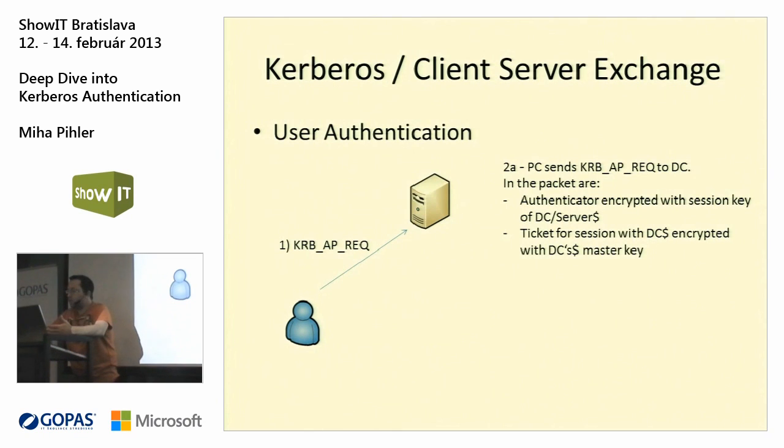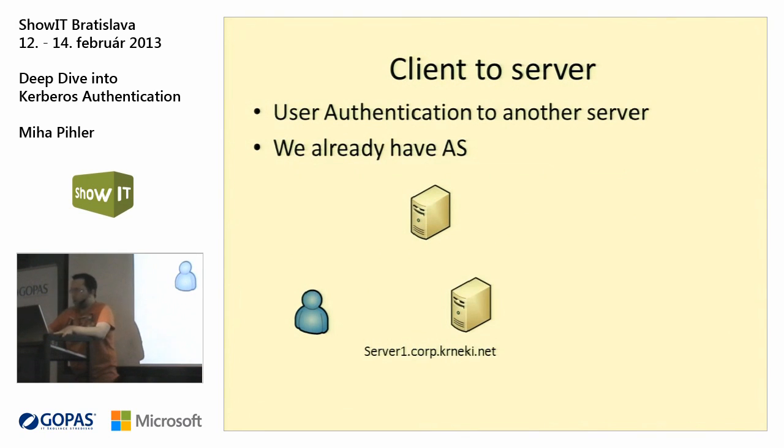Ticket for the session with the DC, encrypted with the DC's master key or the server's master key. And I get a reply. Now I can talk to that service that I wanted to, either that is CIFS or LDAP or whatever other service I wanted to talk to. Okay.